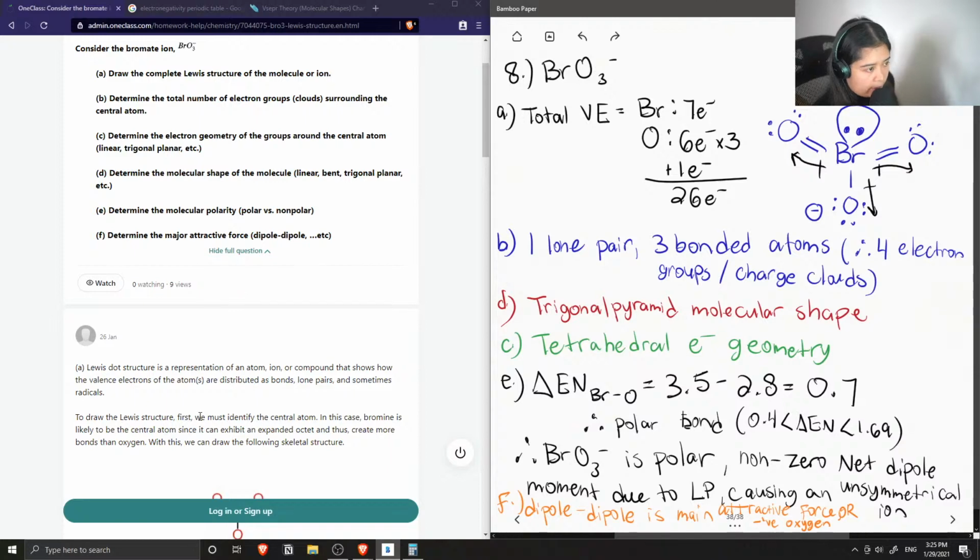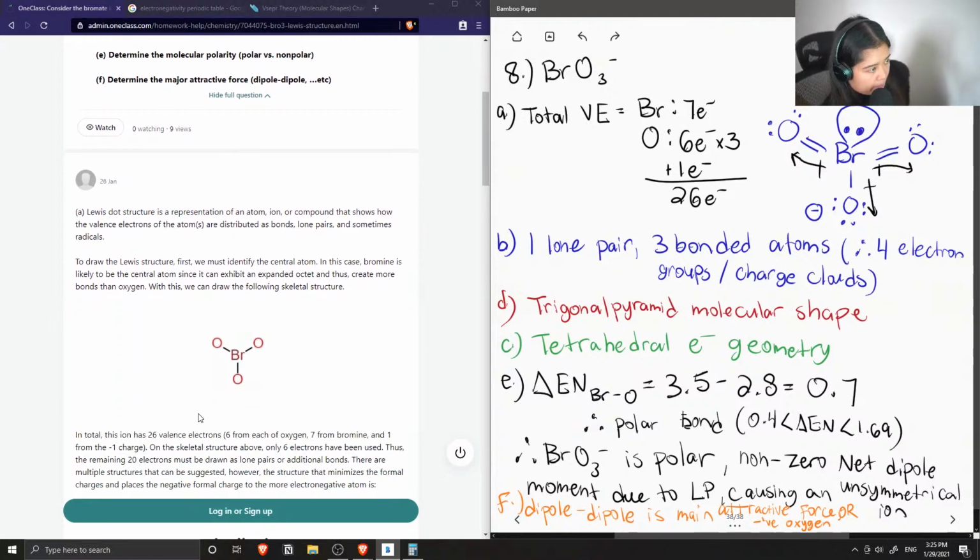Okay, so let's see what the junior tutor said. The Lewis dot structure is a representation of an atom, ion, or compound that shows how the valence electrons of the atoms are distributed as bonds, lone pairs, and sometimes radicals. To draw the Lewis structure, first we must identify the central atom, and in this case, bromine is likely to be the central atom since it can exhibit an expanded octet and thus create more bonds than oxygen.